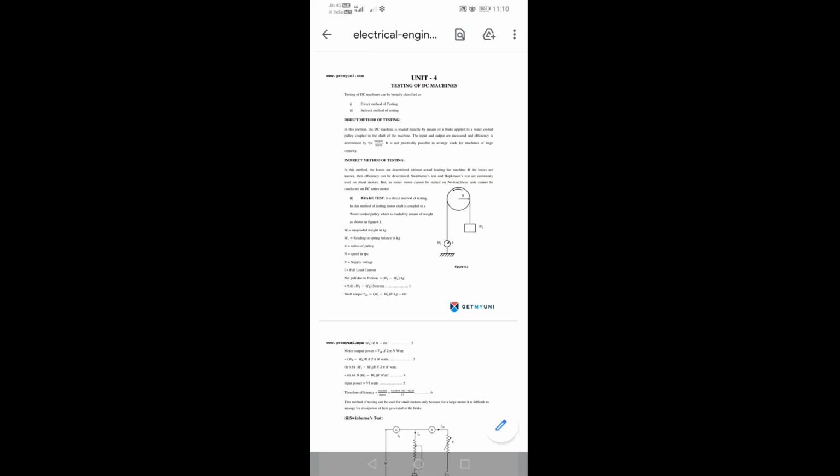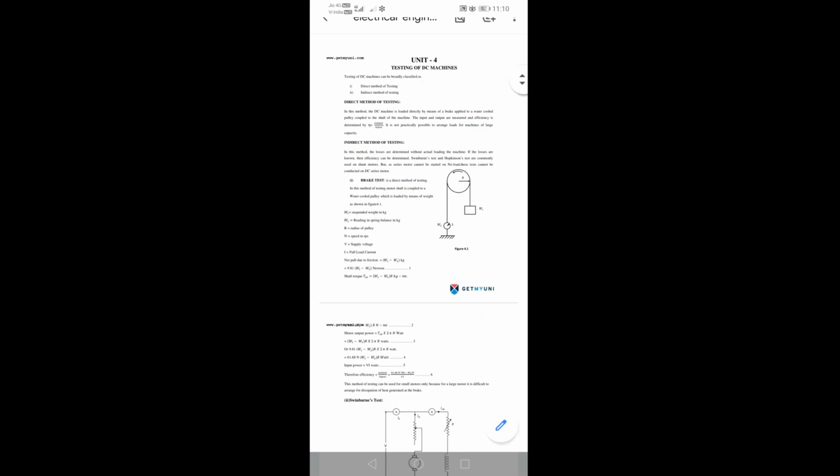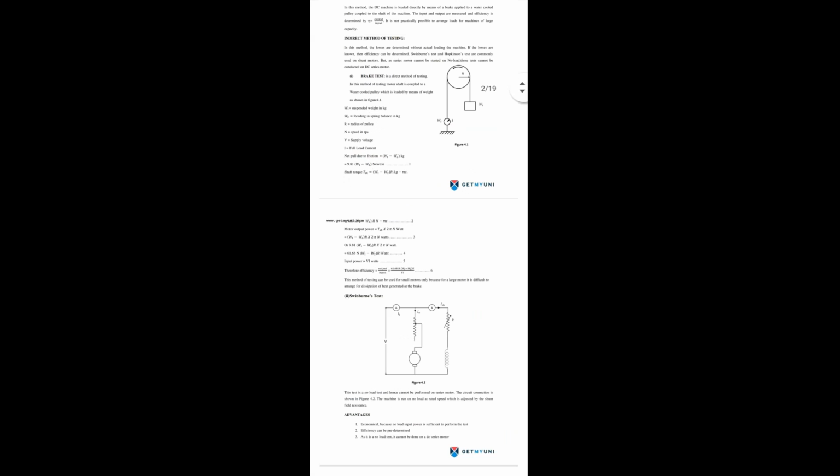If you see this document, the testing of DC machines is classified into two types: direct and indirect method. In the direct method we use it to see how we can give the load and how we can calculate the efficiency.